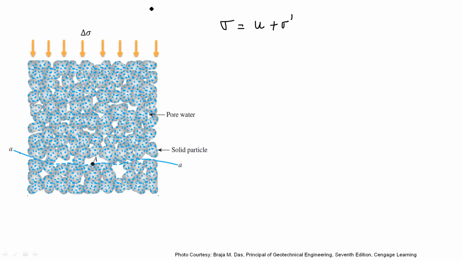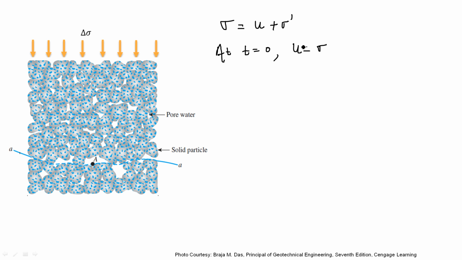When any additional load is applied on the saturated soil, all the stresses are taken by pore water. It means at time t equal to 0, that is instantaneously after applying the vertical load, all the loads are taken by the pore water. So at time t equal to 0, u becomes the total stress.